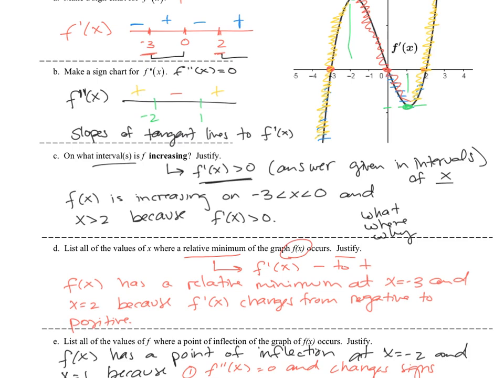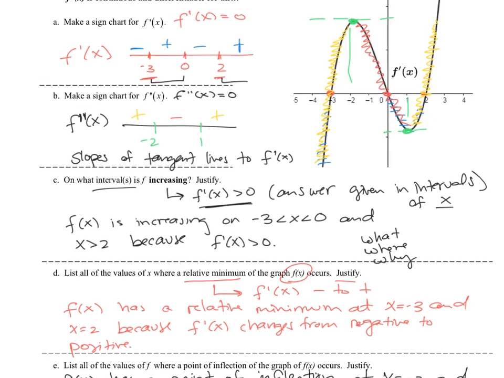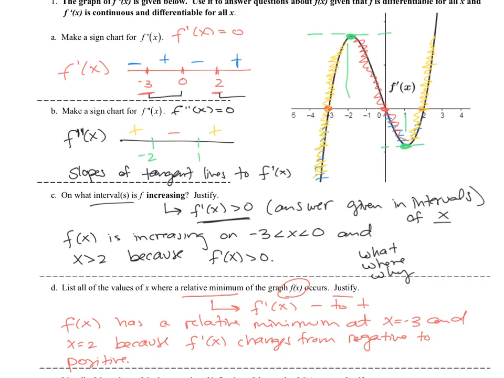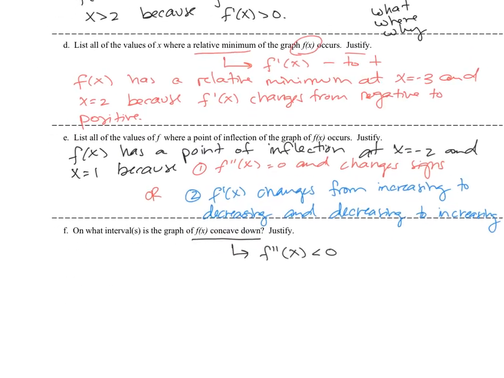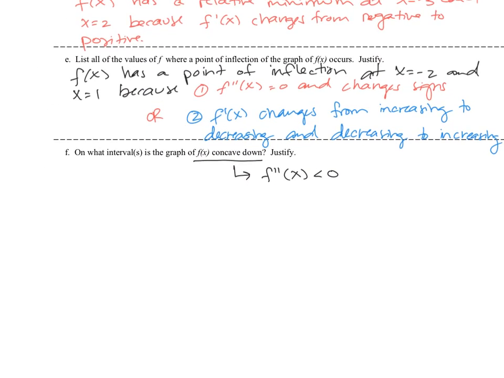You could also say that f of x is concave down when f prime of x is decreasing. And if I go back to my graph here, f prime of x is decreasing between -2 and 1. So you have some options here in answering this question. I'm going to answer using both of those solutions, so you can pick which route you want to go.